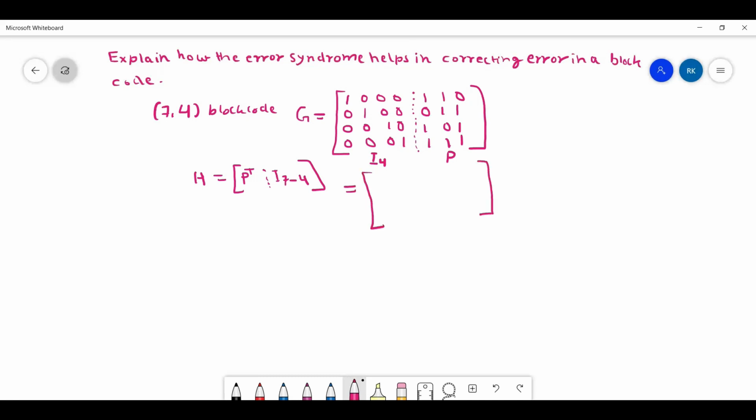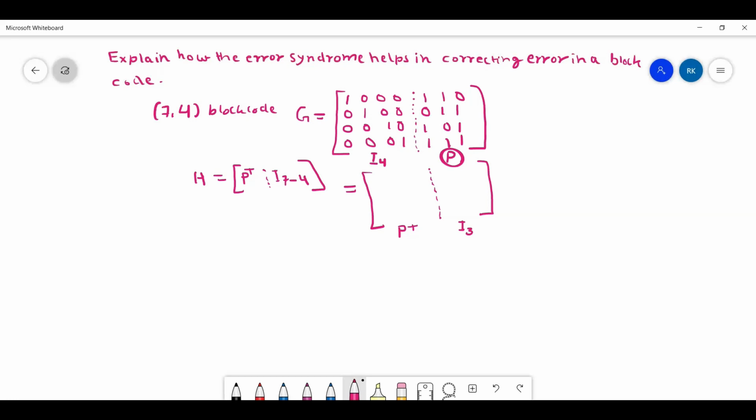We have this P here. We will take its transpose and form this first part of this matrix. So let me partition it into two parts. One part is P transpose and another part is this I with size 3.